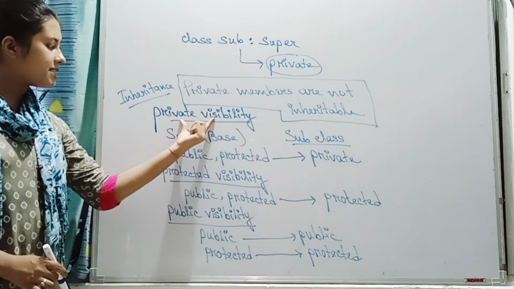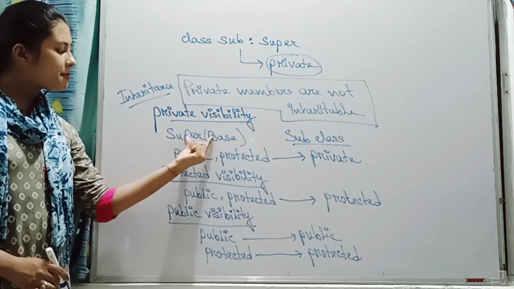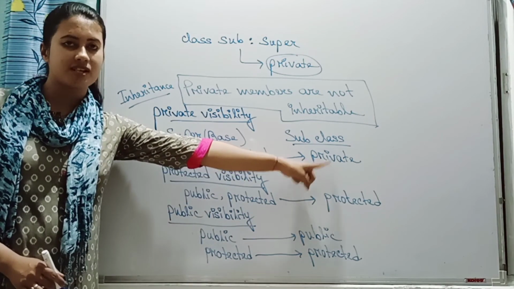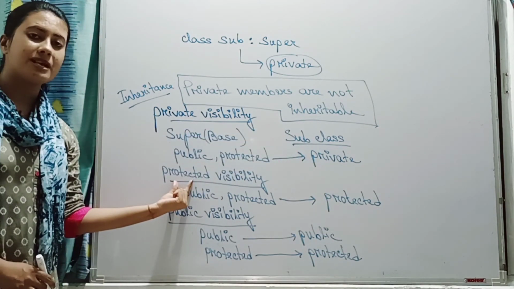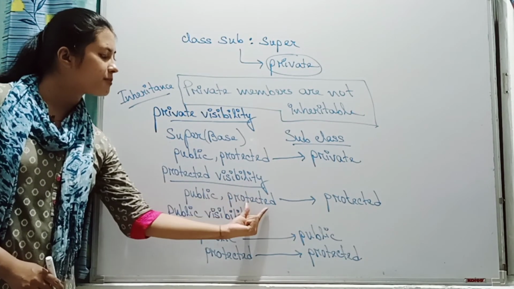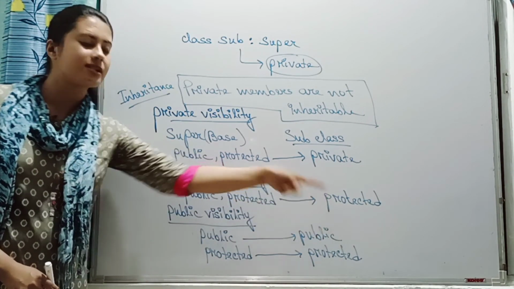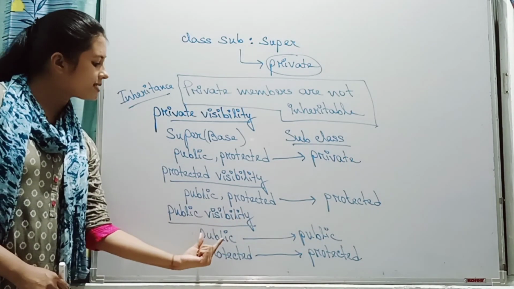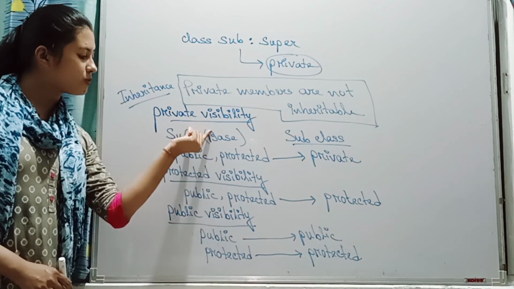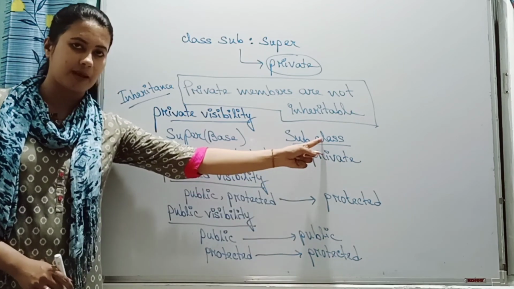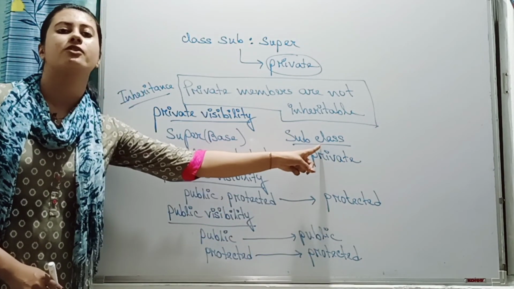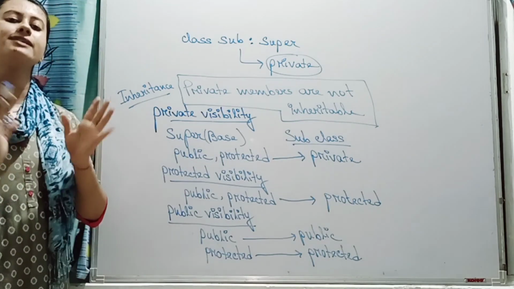If the visibility mode is private, then the superclass's public and protected members go to the private section of the subclass. If the visibility is protected, then public and protected go to the protected section of the subclass. And if the visibility is public, then the public section of the superclass goes to the public section of the subclass, and the protected section of the superclass goes to the protected section of the subclass, that is the derived class.